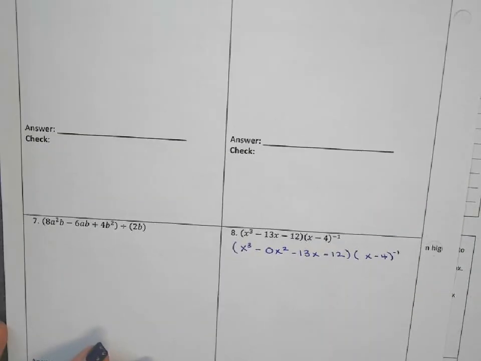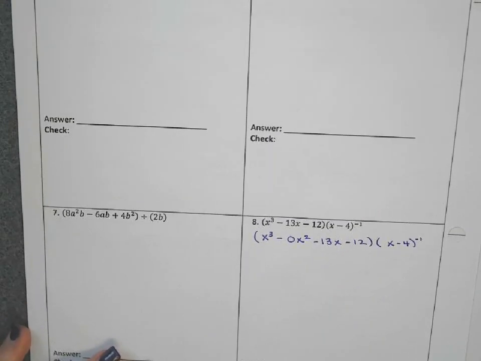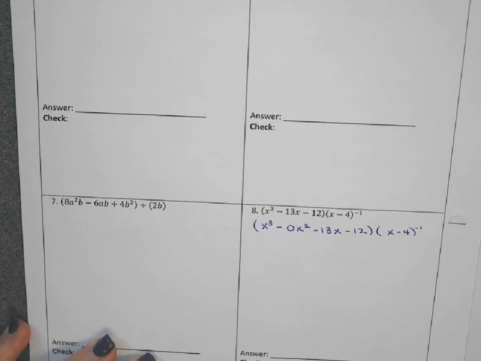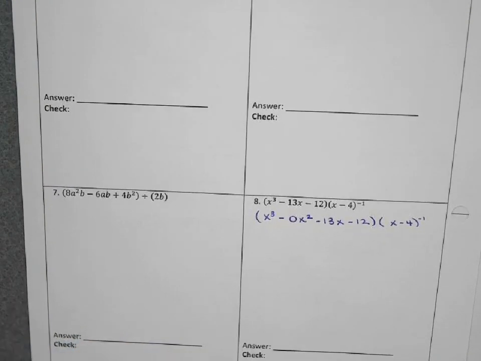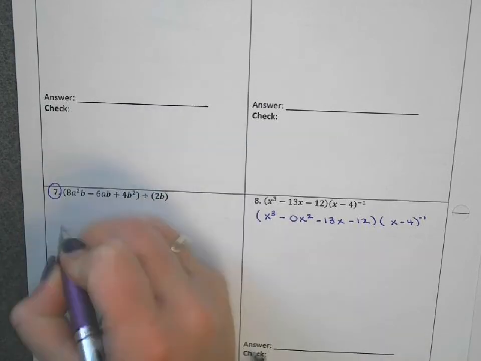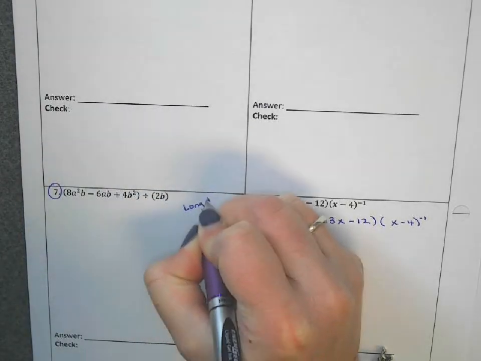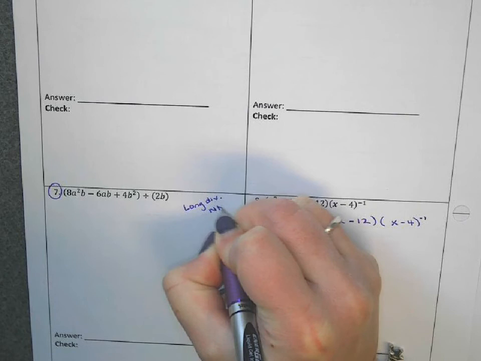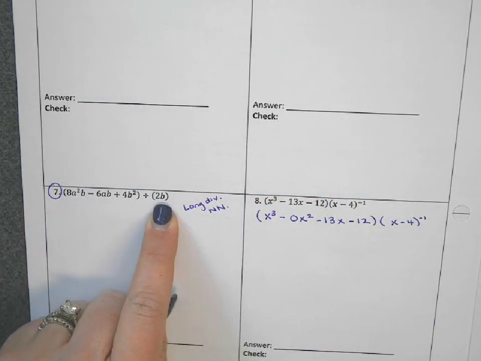There are also 2 problems on here that you don't have to do long division on. Can anyone tell me one of the problems that you don't have to do long division on? Grant, go ahead. 7, you do not have to do long division. It's a monomial that you're dividing by.